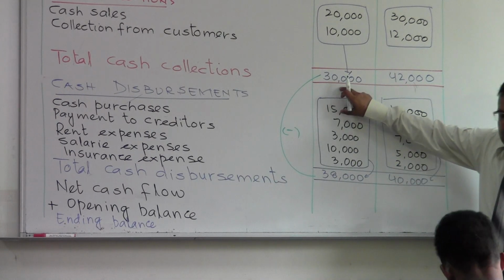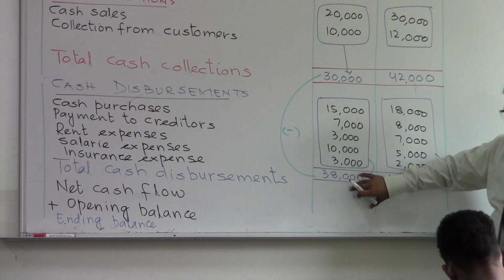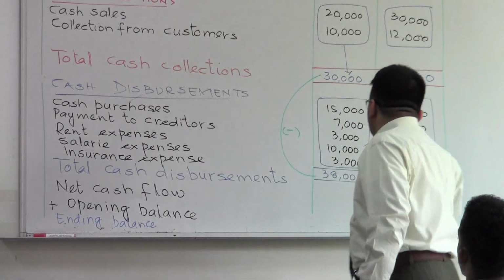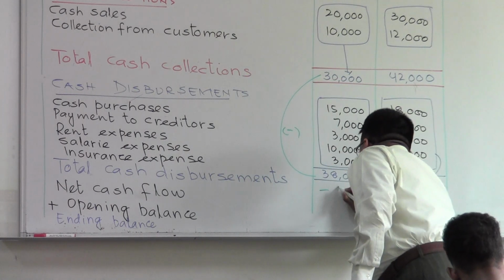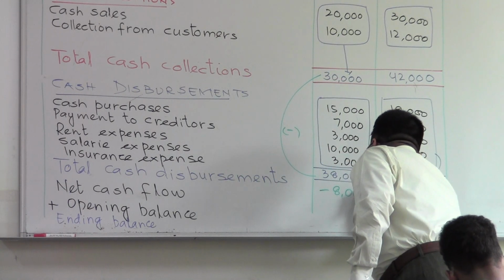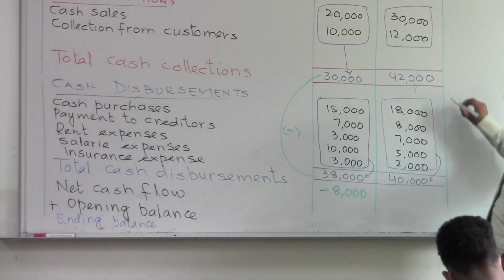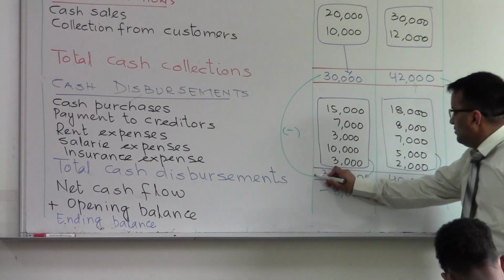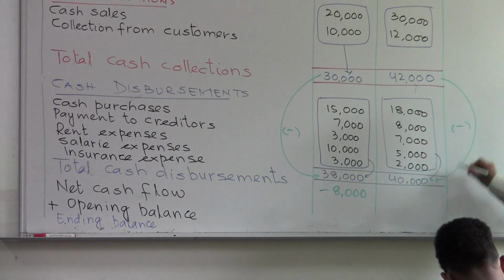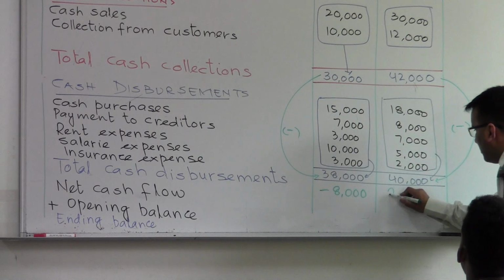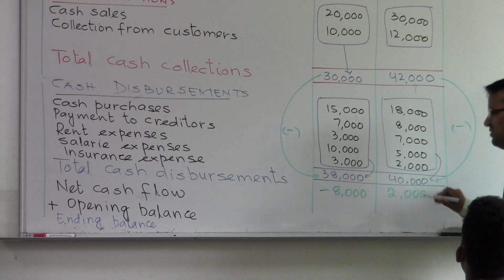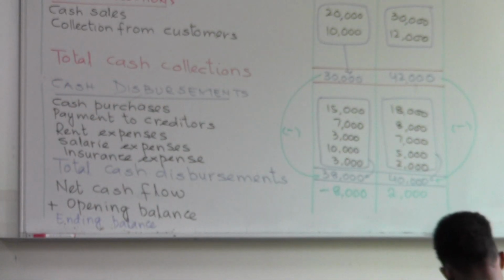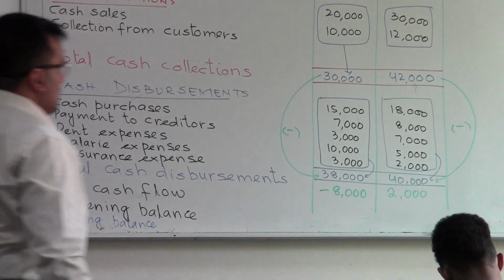Total inflow minus total outflow, minus 8,000. 8,000 we will put here, and total inflow minus total outflow, this will be 2,000, not minus, because 42,000 minus 40,000, it's bigger. Yeah, exactly.